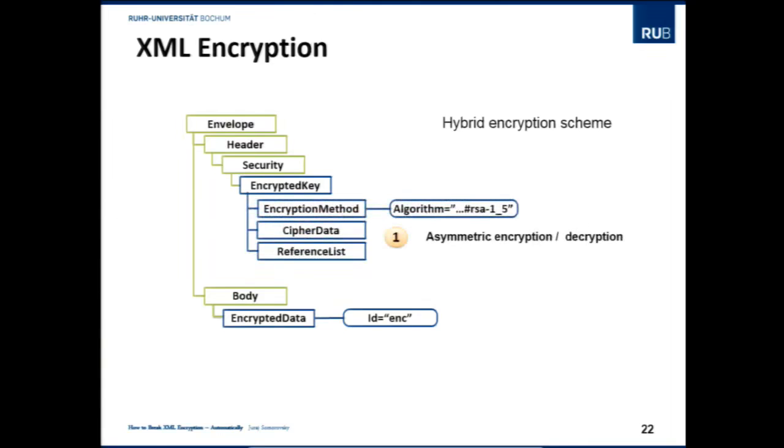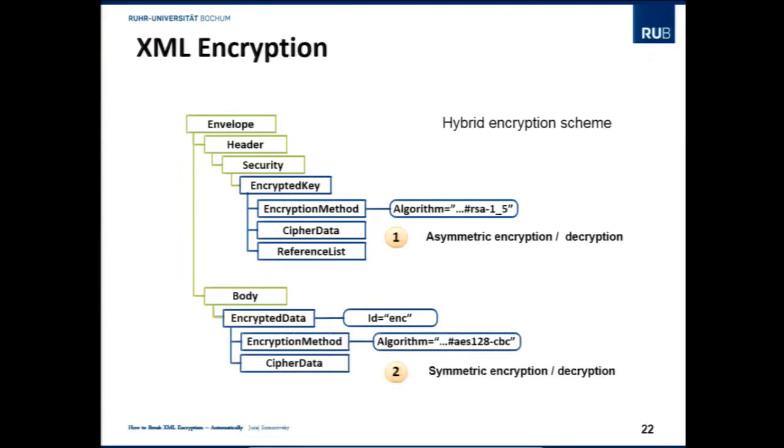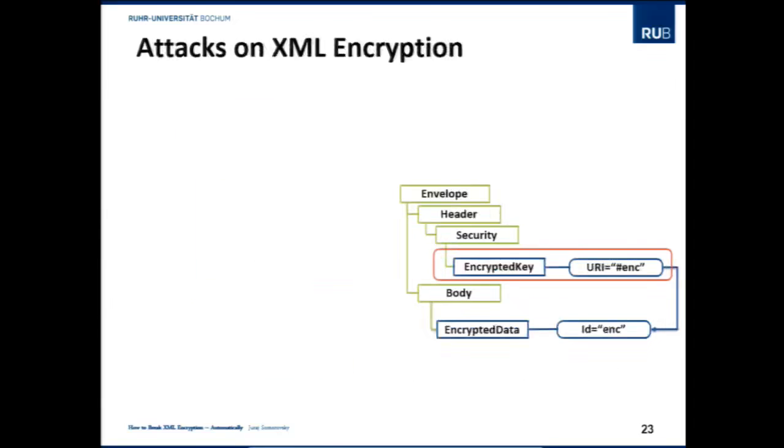In the encrypted key, we use asymmetric encryption to encrypt a session key, and this session key is then used to encrypt the data into encrypted data. For this purpose, we use algorithms like RSA as the asymmetric encryption scheme, for example, and AES-CBC as the symmetric encryption scheme. And then we create a binding between encrypted key and encrypted data using a data reference.